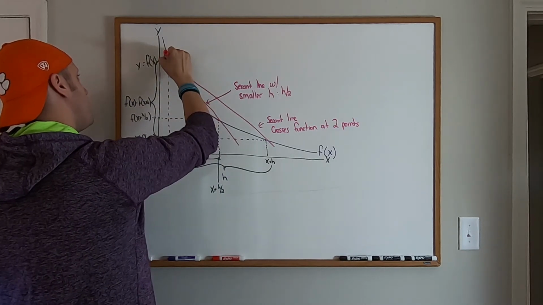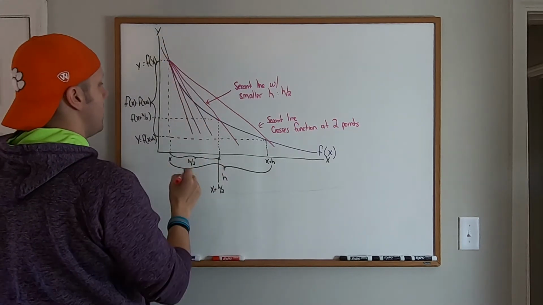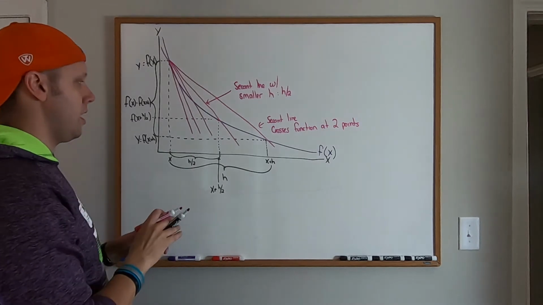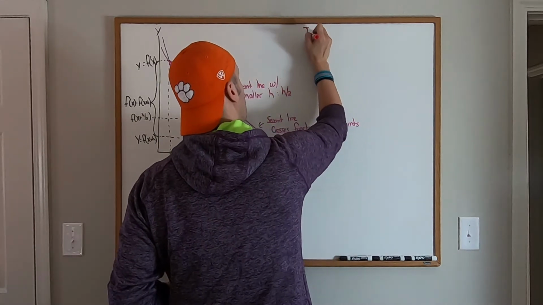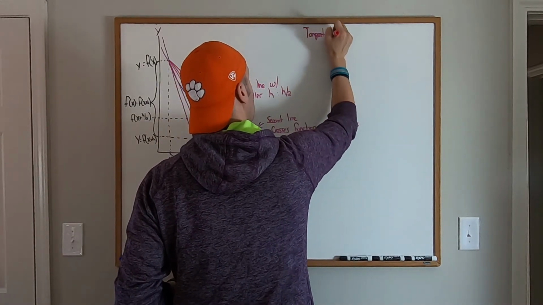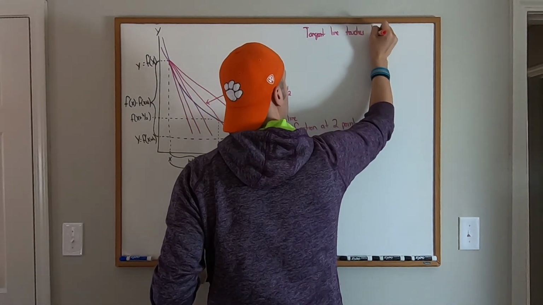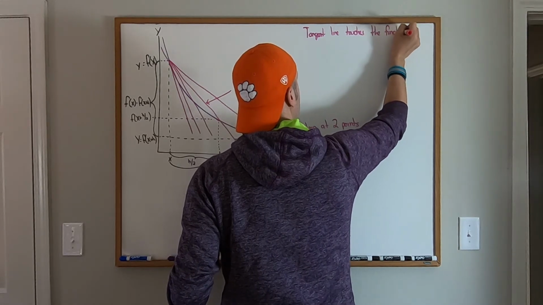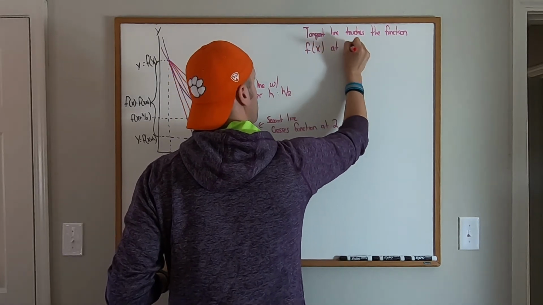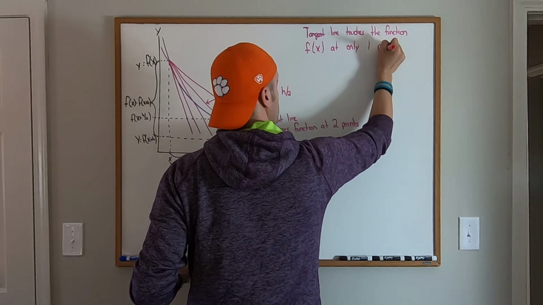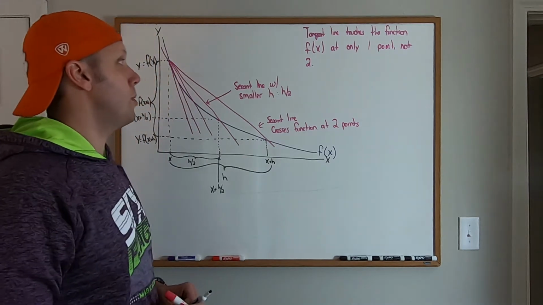And as you can see, what happens is eventually we converge on a tangent line rather than a secant line that touches only at one point. Touches only at one point, not two.